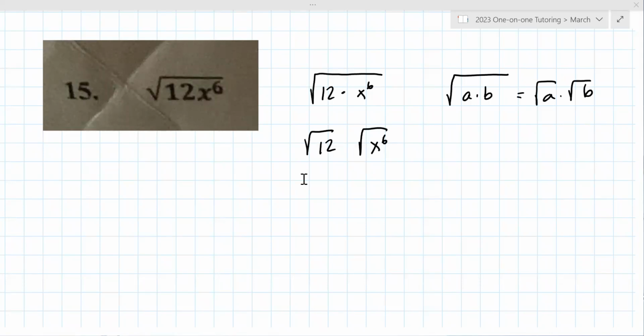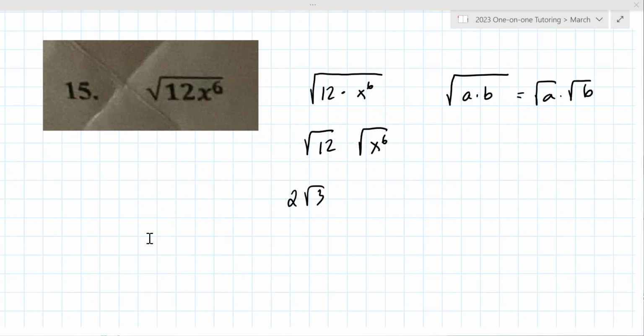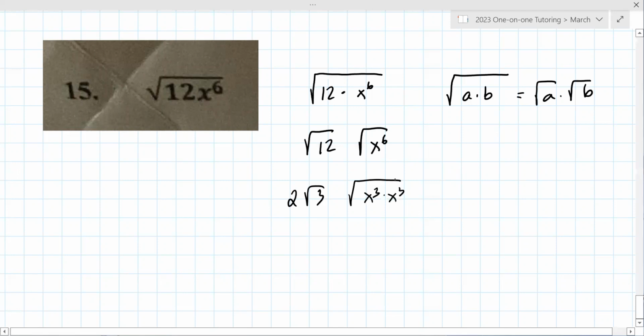Two times the square root of 3. Good. All right, now for the x to the 6th, there's a couple ways you can do it. I don't remember what we did last time. Did we break it up into like x cubed and x cubed, or did we use the exponent rule? Any idea? I think it was like x cubed like that.